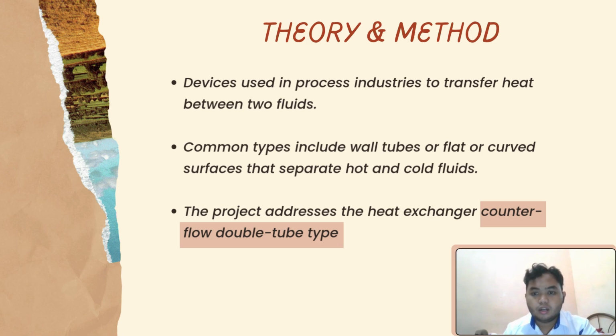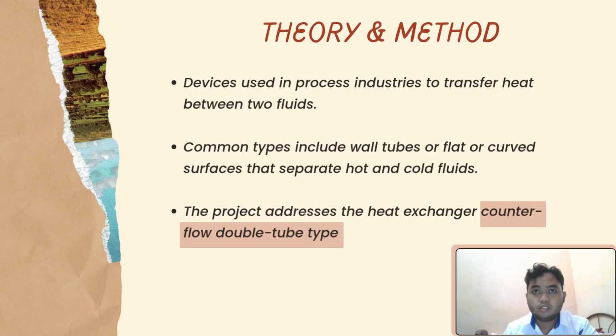So convection transfers heat from the hot fluid to the tube wall or plate, then it goes to the cold fluid. In this project, the type of heat exchanger that we chose is the counterflow double tube type, where the fluids enter and exit through opposite ends and circulate in opposite directions.